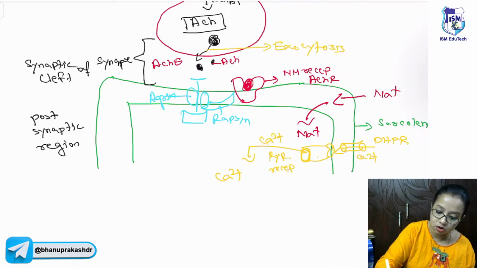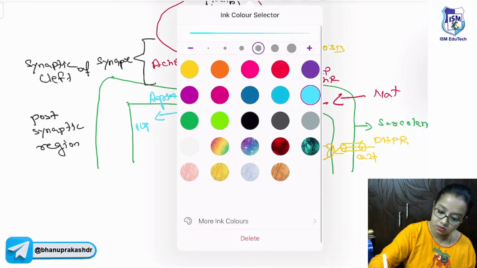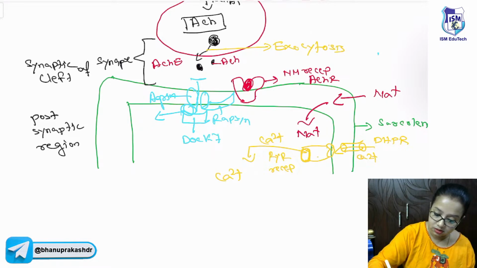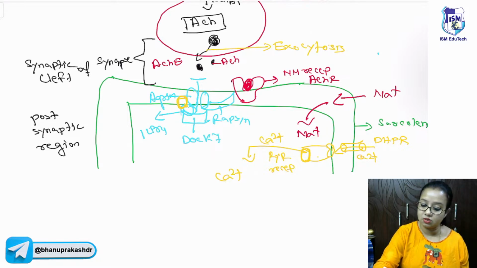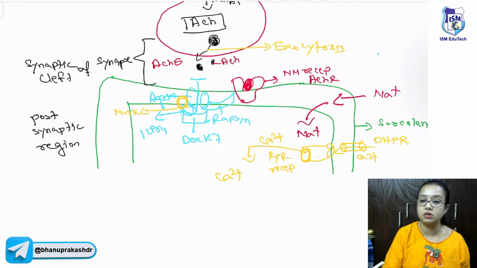Then there is this docking protein which is called DOK7, and then there is an additional low density lipoprotein receptor, LRP4, and another important stabilizing protein that is also present to support this acetylcholine receptor structurally is the MuSK protein.